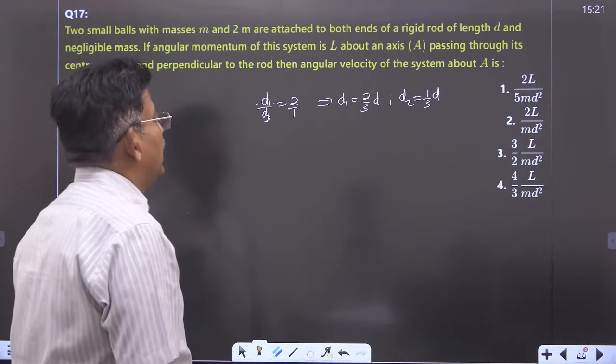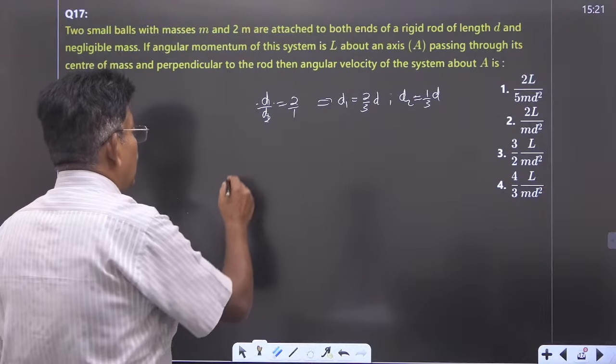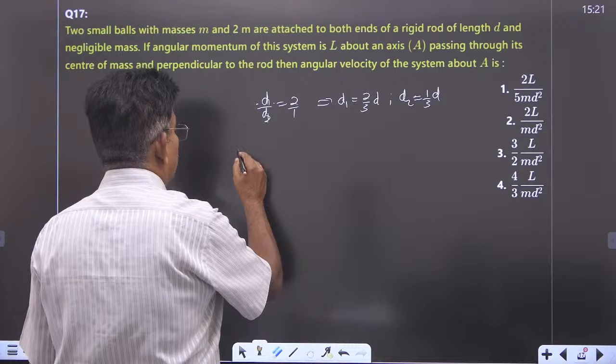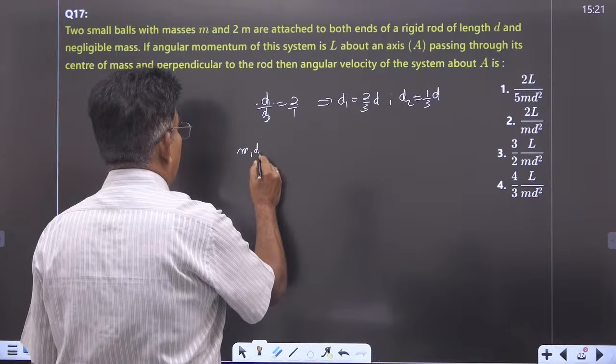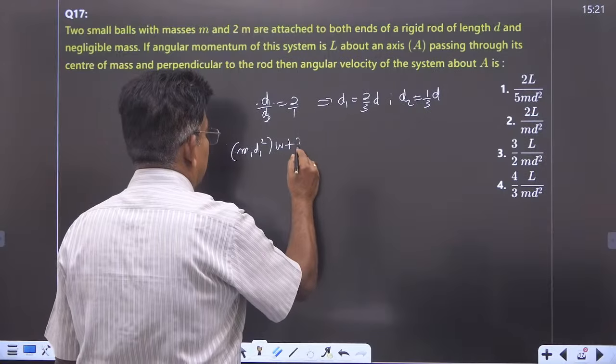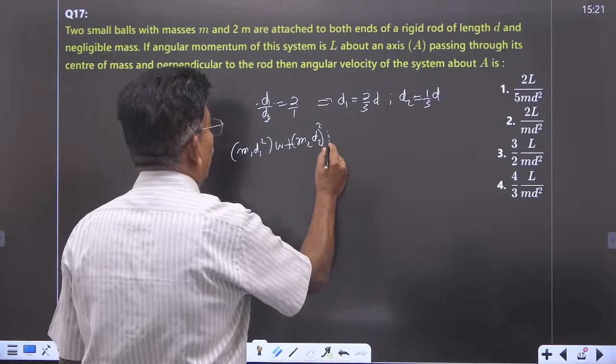Then you have to calculate the angular velocity of the system. Then it's a point mass, so you have to consider the point masses. So the moment of inertia: first one will be m1 d1 square into omega plus m2 d2 square into omega.